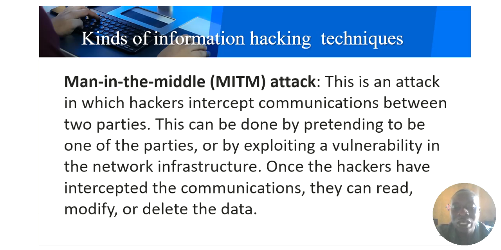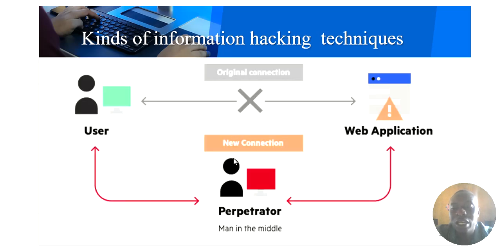They try to be in between two parties, pretending to be the other party, and they will be exploiting the vulnerability of the network infrastructure. For example, I'll try to be in between a website and a user, trying to be a perpetrator.